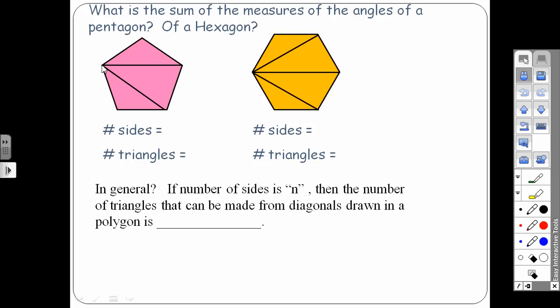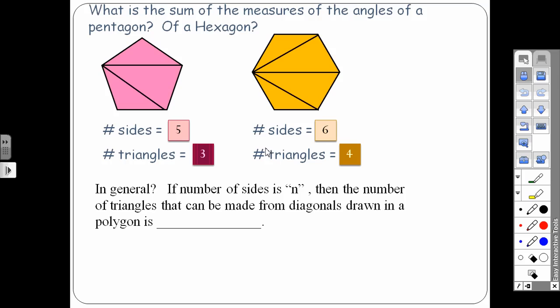So by starting at one vertex and drawing in diagonals, we can see right here that it's broken up into 3 triangles. So let's explore the number of sides to the number of triangles. In a pentagon we have 5 sides, which created 3 triangles. Over here the hexagon has 6 sides, and we were able to come up with 4 triangles.